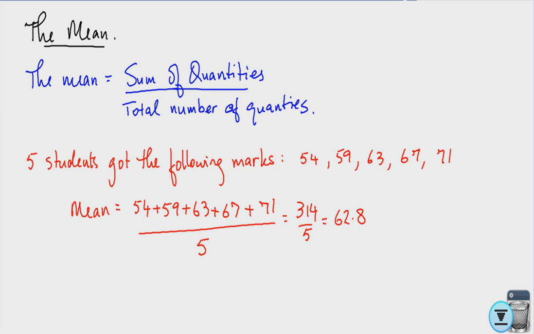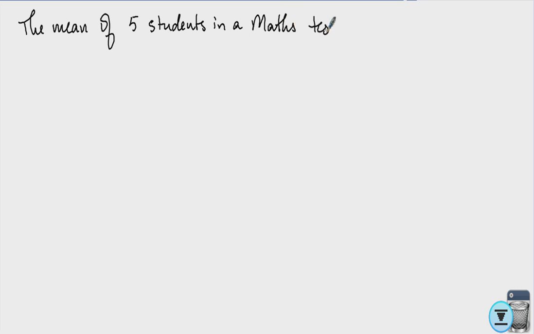So let me give another example. Let's say the mean of 5 students in a maths test is 72.